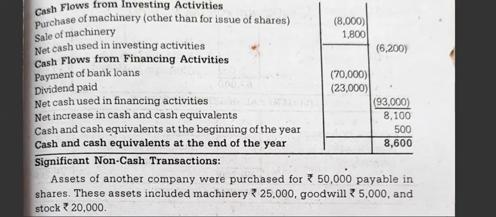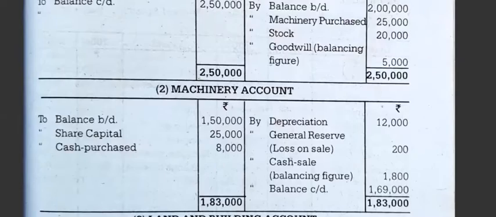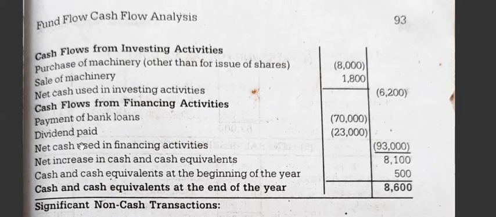You check the liability side of the problem. You will get, say, bank loan 72,000 dash, it means paid. So bank loan paid, you have to write it in the bracket. Next, dividend paid also in bracket. Okay, after the total you write 93,000, which is the cash flow from financing activities.